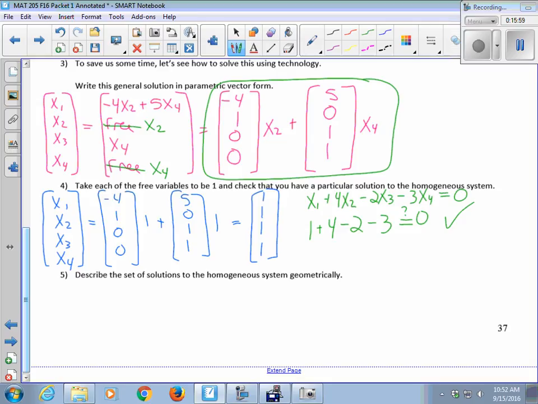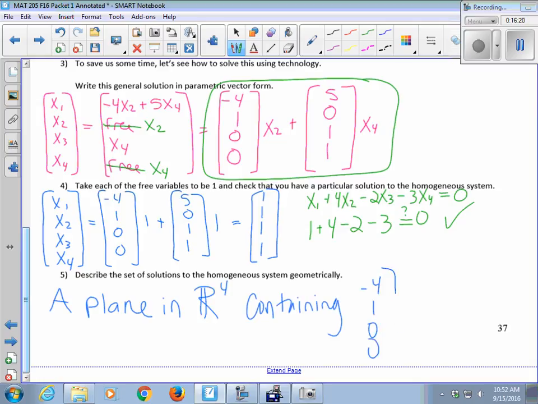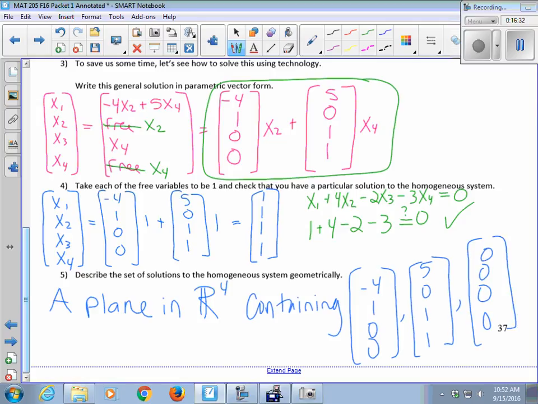So it lives in R4, which we can't picture, but it's a plane in R4 that contains these 2 vectors and the 0 vector. So a plane within R4.